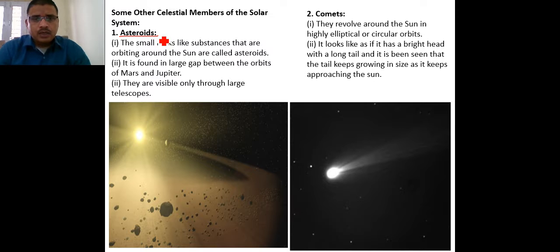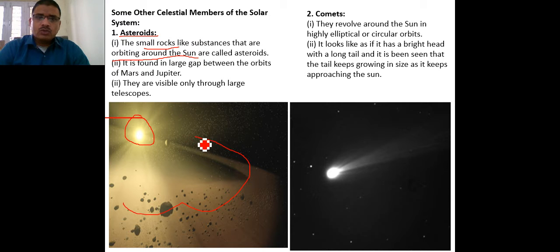Asteroids are basically small rock-like substances that are orbiting around the sun. You can observe very clearly, this is the sun, and around the sun there is a space, and wherever there is a space in between, these asteroids are present.